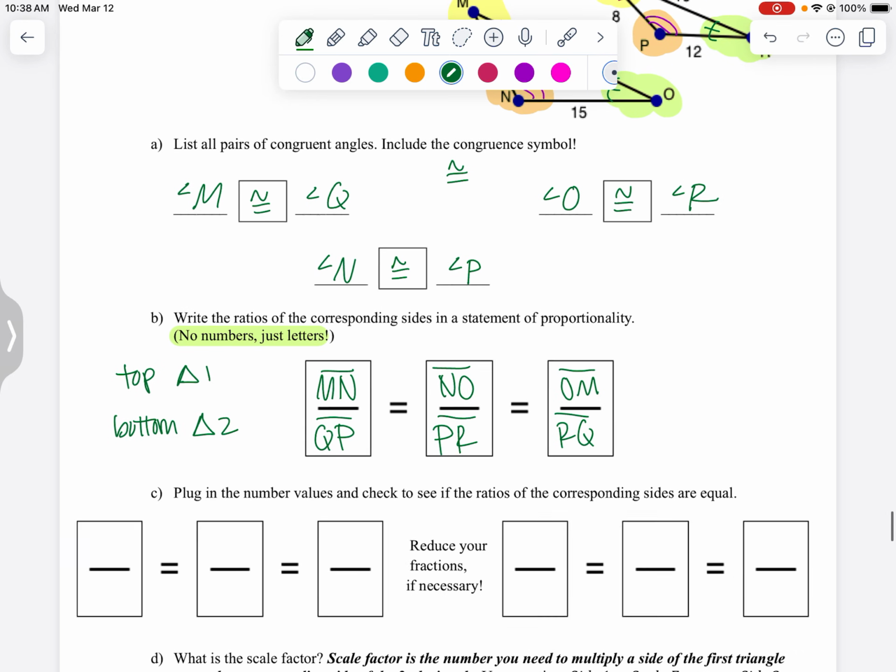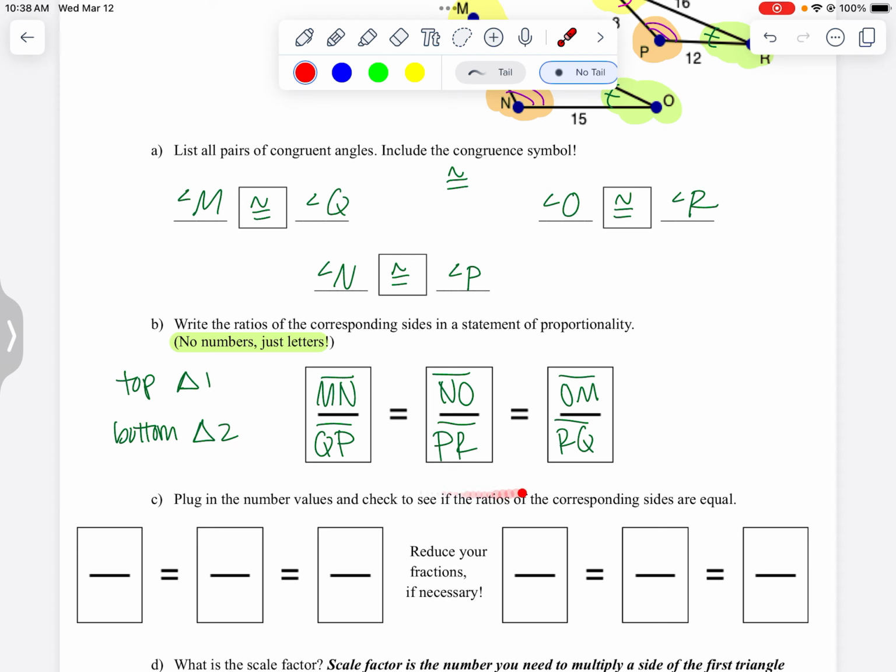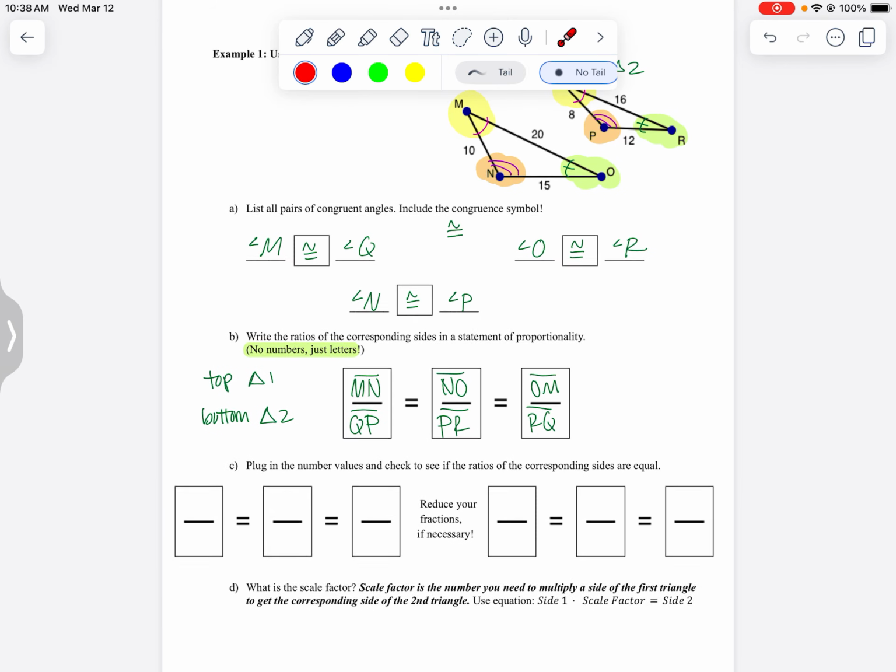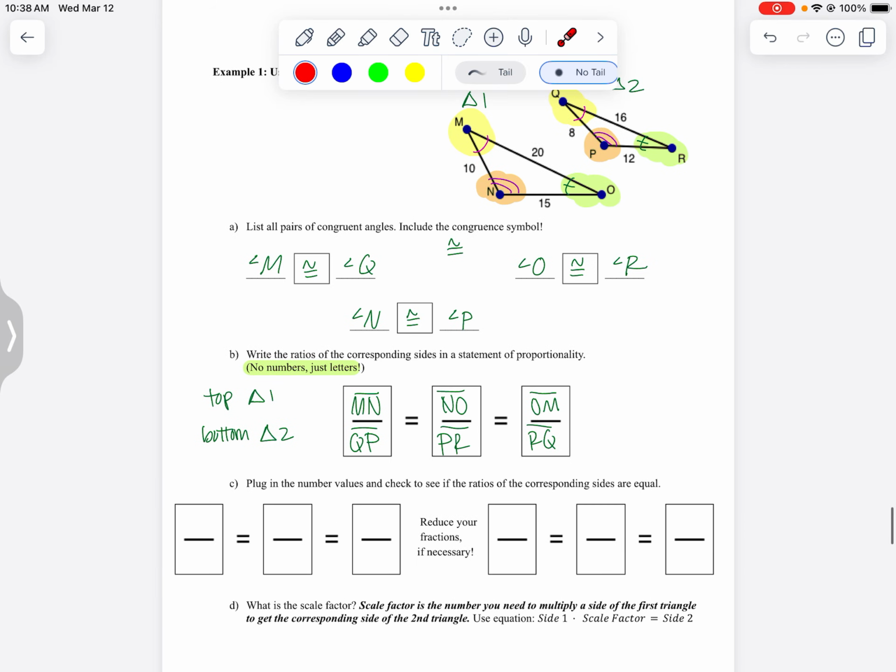Part C says plug in the number values and check to see if the ratios of the corresponding sides are equal. So using the statement of proportionality, I'm going to look at my triangle and look at all these sides and plug in the numbers they correspond with. Side MN is 10, got that from here. Side QP is over here. QP is 8, so it goes 10 over 8.